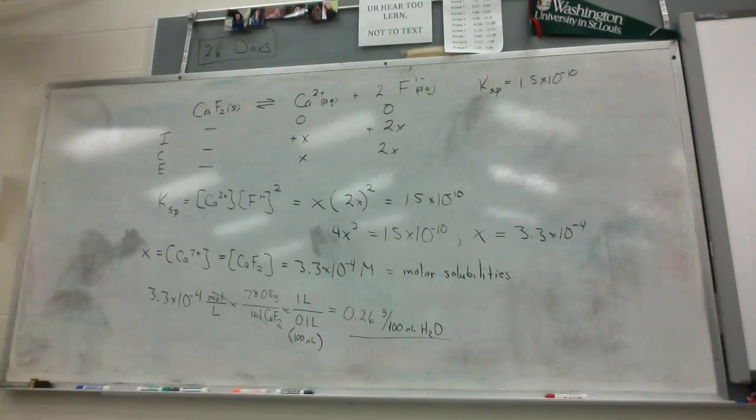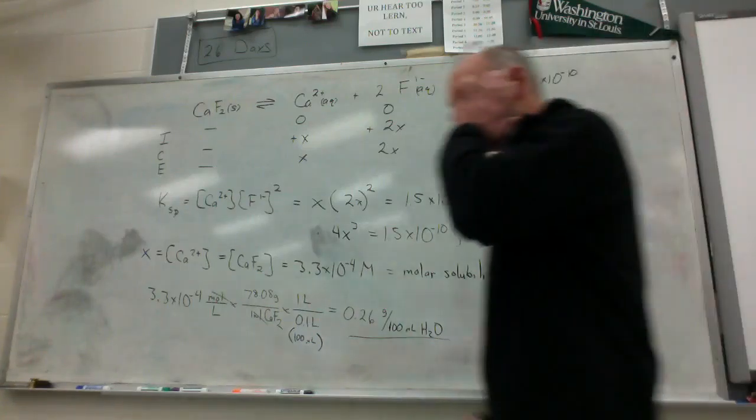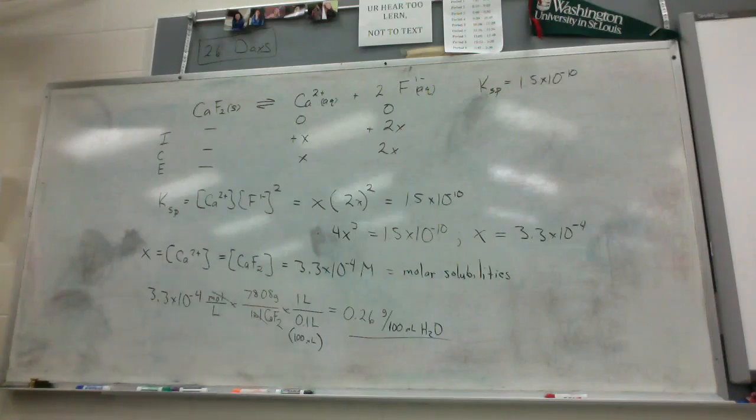Mr. Lane, for the next answer, I got 1.8 times 10 to the negative 4. Did you use 195.91 times 1 liter over 0.1 liter? One of us is going to have to relook at that.